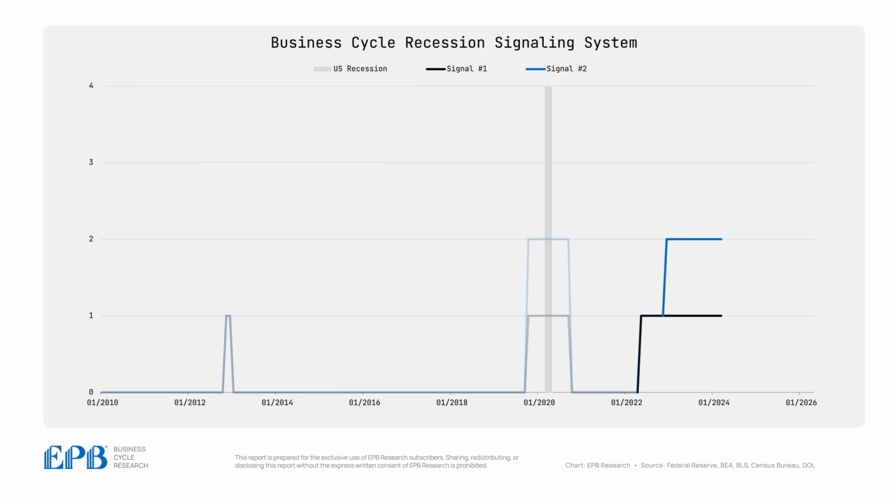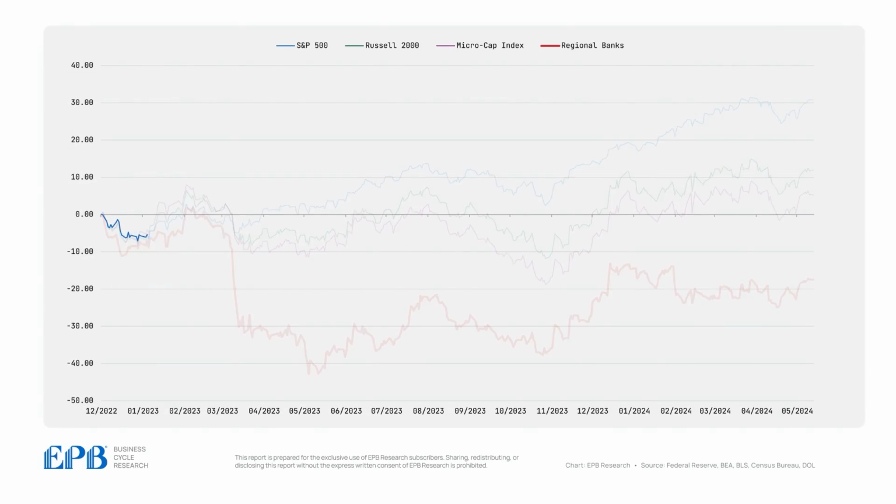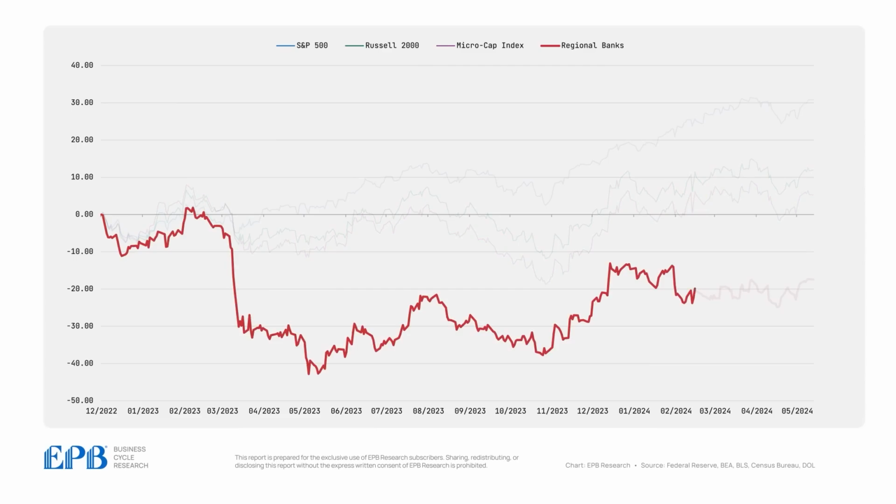Similar to the 2008 business cycle, the S&P 500 has rallied strongly since the pending recession signal started flashing, but the underlying performance of other major indexes is not as robust. The Russell 2000 and microcap stock indexes have increased, but to a much lesser extent. And very similarly, there's been negative performance of bank stocks, but this time the pain is mostly concentrated in the smaller banks compared to the money center banks.